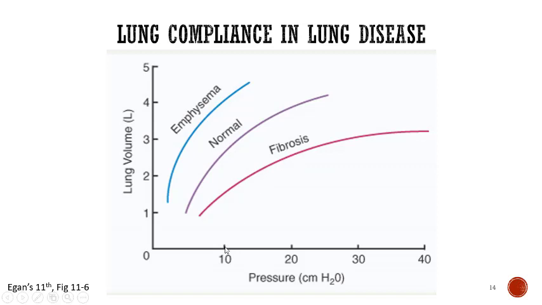If you look at the lung with emphysema, and again, you go to the 10 centimeters of water pressure and you follow it up, you're getting almost 4 liters of gas for that lung per 10 centimeters of water pressure. So this is going to be considered a normal compliance. This is going to be less compliant, and this is going to be more compliant, okay, in a bad sense.